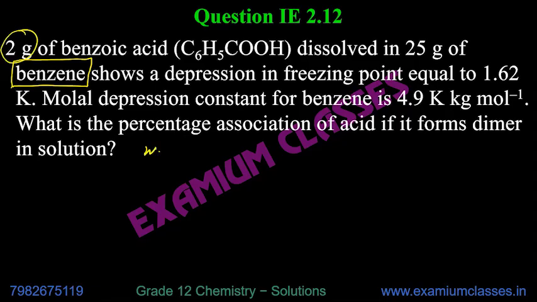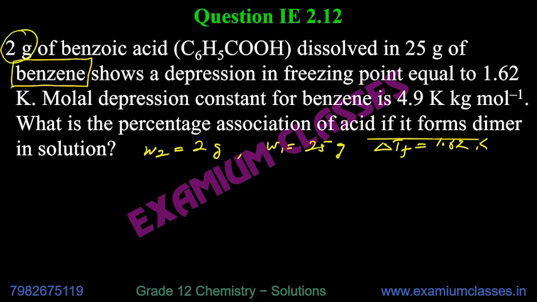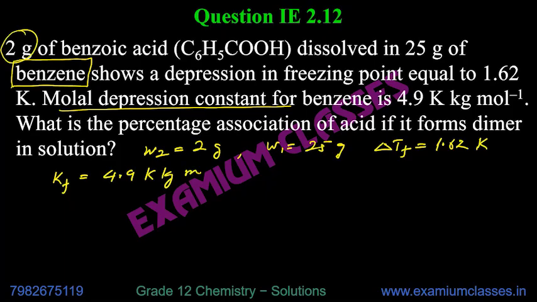So W2 is 2 grams, W1 is 25 grams, and it shows a depression in freezing point equal to 1.62 Kelvin. Molar depression constant Kf for benzene is 4.9 Kelvin kg per mole. What is the percentage association of acid if it forms dimer in solution?